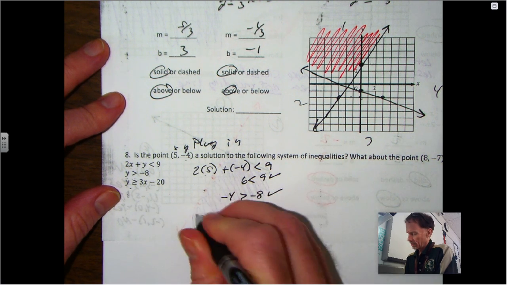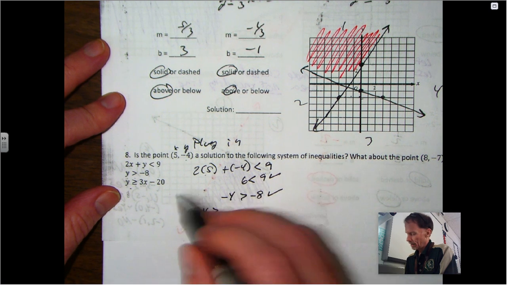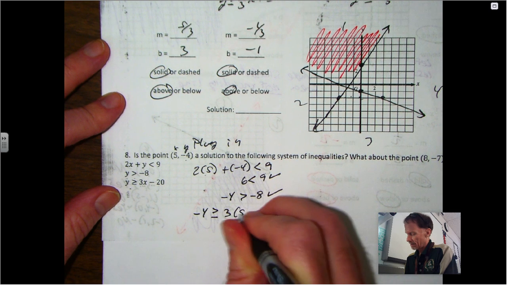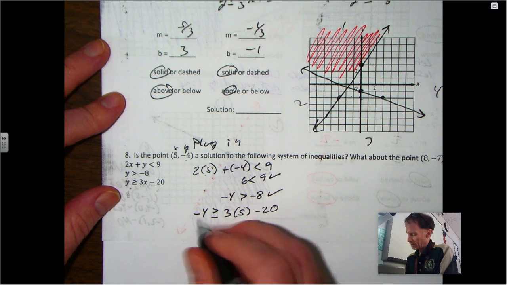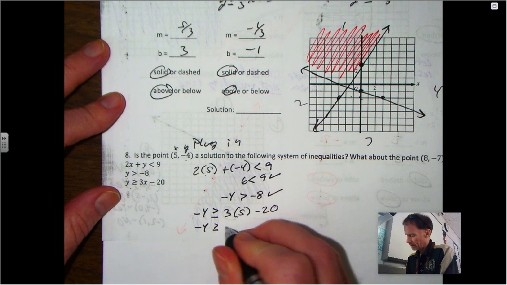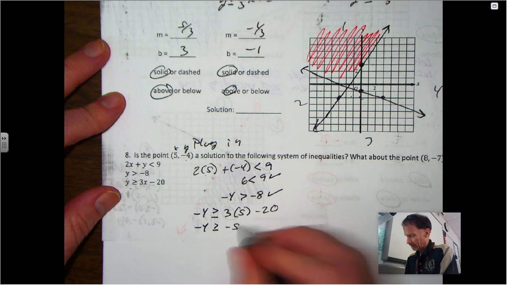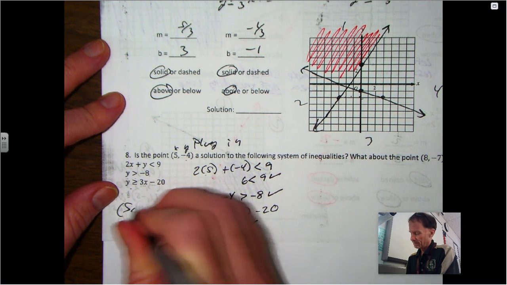Again, plug in negative 4 greater than or equal to 3 times 5 minus 20. And that becomes negative 4 greater than or equal to, that's 15 minus 20 is negative 5. Is negative 4 greater than negative 5? Yes. So that is a solution.